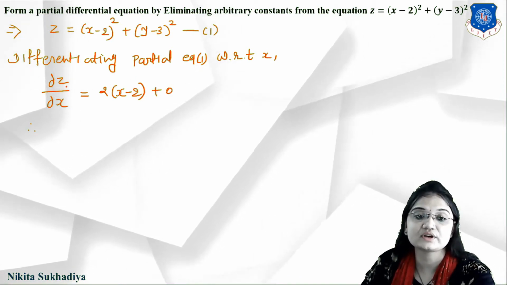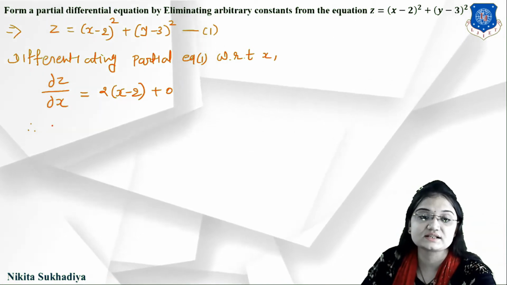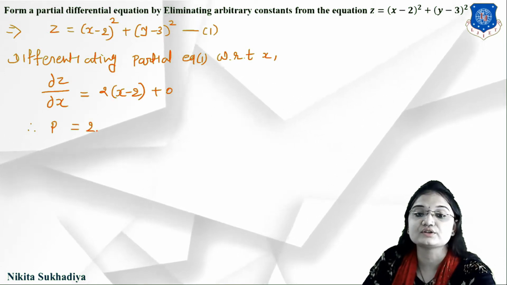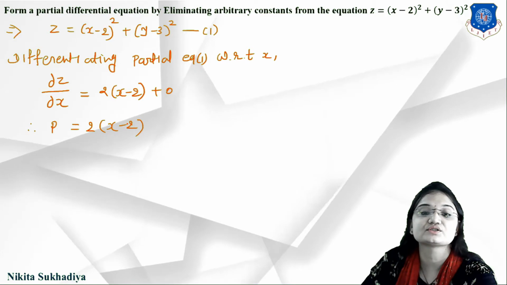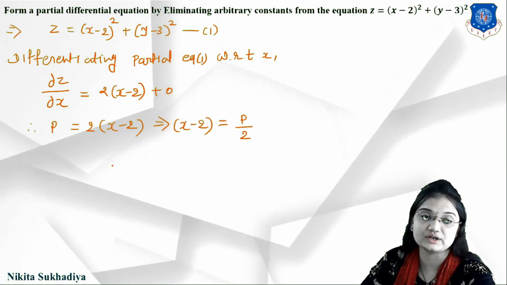Now we have studied earlier that we can represent del z by del x as small p. So small p is equal to 2 into (x minus 2). You can write x minus 2 is equal to p by 2 here.